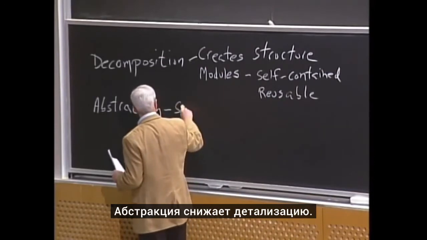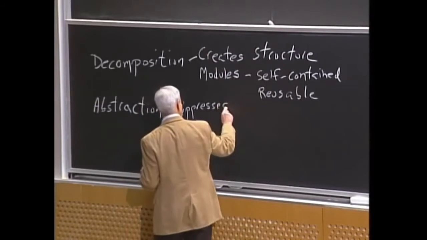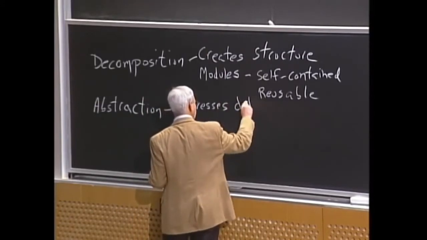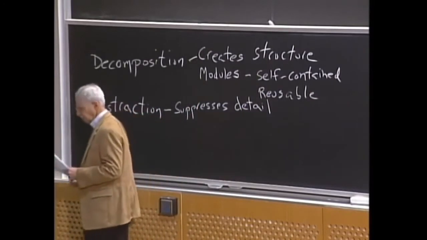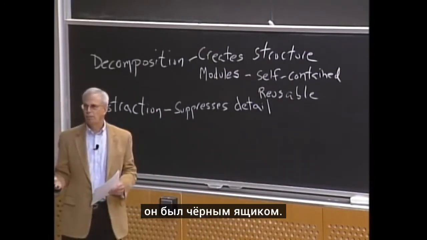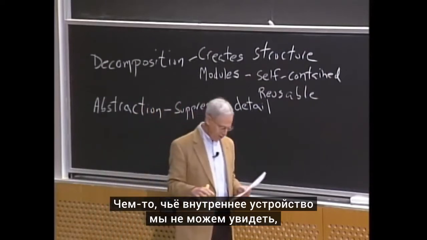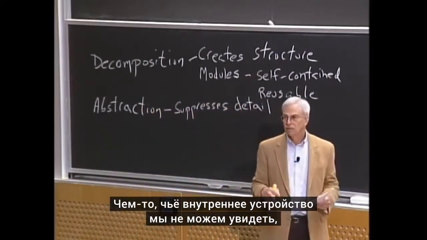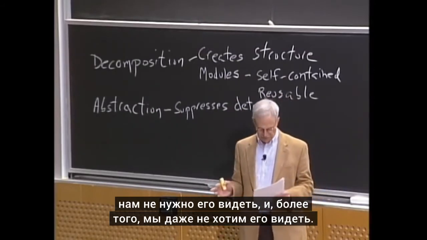Abstraction suppresses details. It allows us to use a piece of code as if it were a black box. That is something whose interior details we can't see, don't need to see, and shouldn't even want to see.